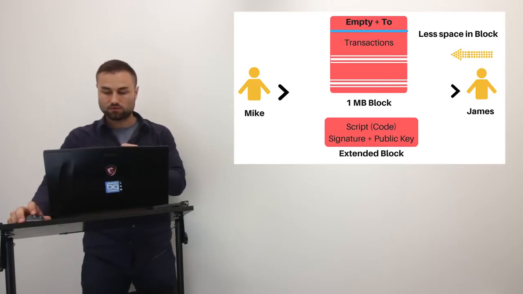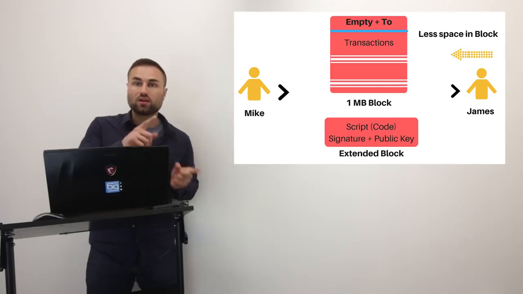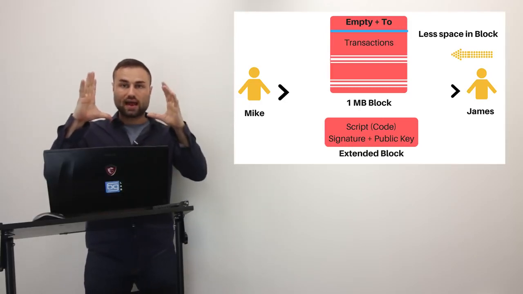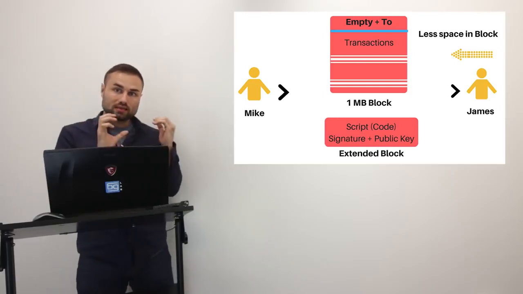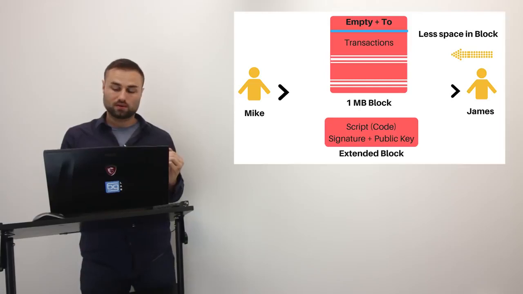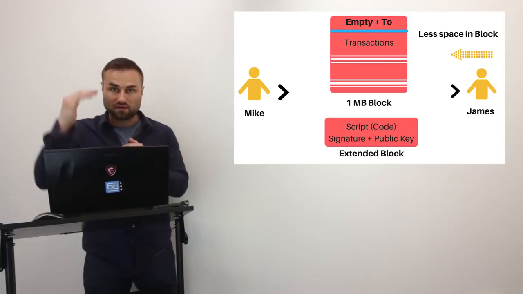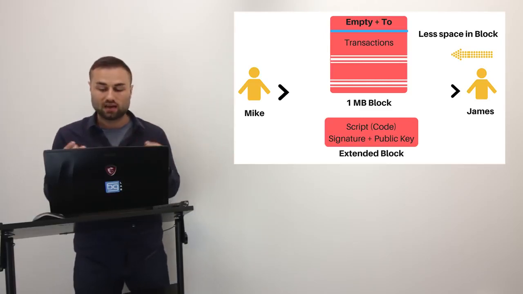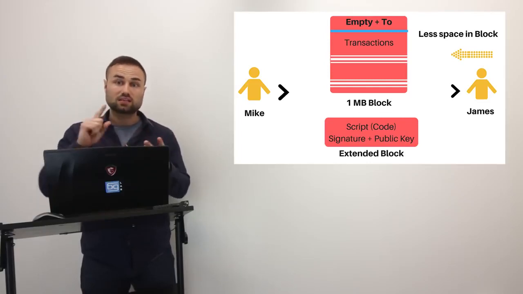Okay, so we'll go to this next image. It rips it out. So now when Mike wants to send a Bitcoin to James, instead of one block that has all the information, you're going to have one block plus a small extended block that holds the script. Like I said earlier, this reduces the file size of the original block and also creates more optionality to have transactions faster, cheaper, and to scale Bitcoin.